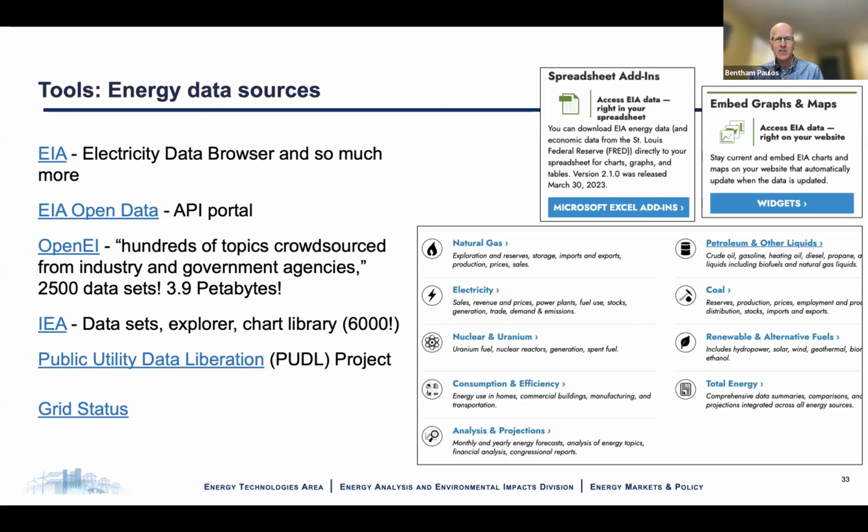And then Grid Status is a commercial service, I think, but is building a way to track electricity markets in real time, basically pulling in all of the RTO data and other sources into a real-time dashboard. And those are both, well, Grid Status is sort of a freemium model that you can do a lot of fun stuff for free. PUDL is sort of a data liberation army, I guess. I think they're all volunteers. I'm not sure. Anyway, my kind of wonks.